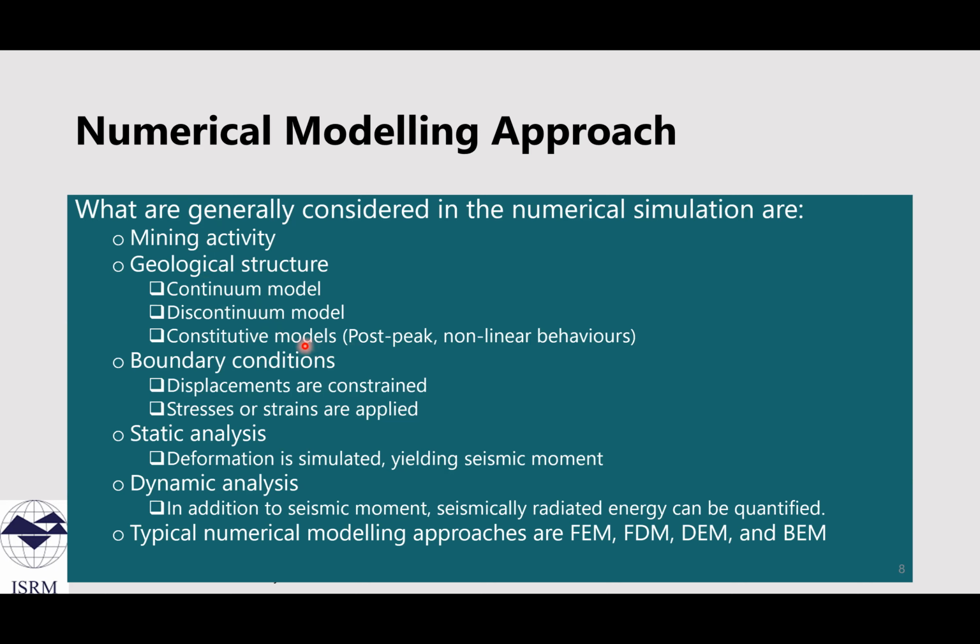And then we perform the static or the dynamic analysis. In most cases, static analysis is performed, and this gives you the deformation of the rock mass. So we can calculate the seismic moment of the event. And the dynamic analysis allows us to compute seismically radiated energy, in addition to seismic moment.